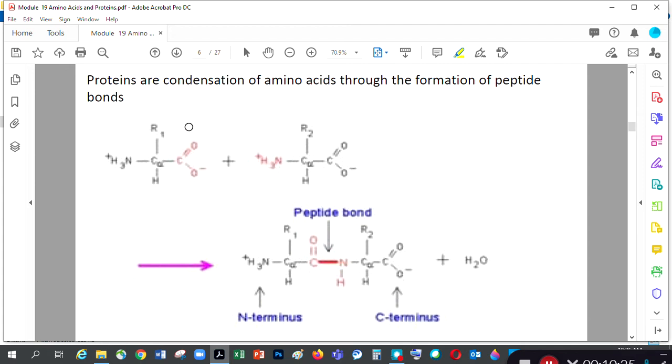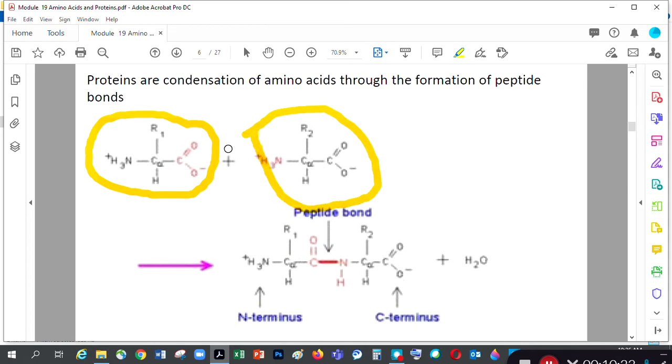So we have here two amino acids. This is number 1, this is number 2. Now the unique thing, this will form the carbon terminus, or terminal, and this will form the nitrogen terminal, or terminus, correct?